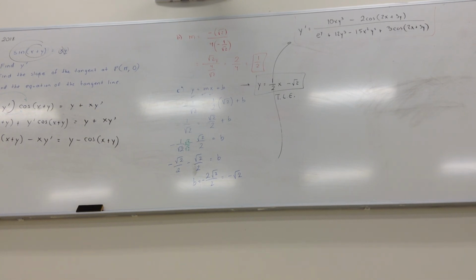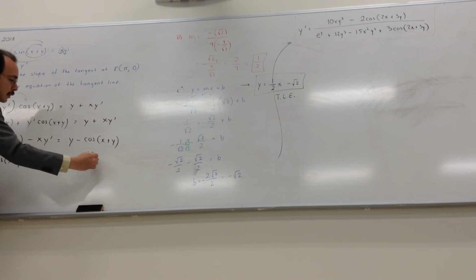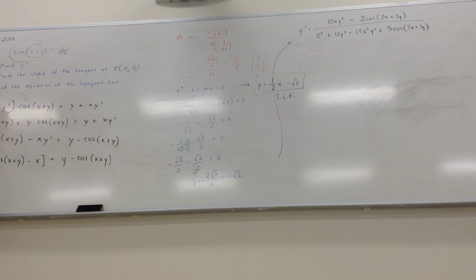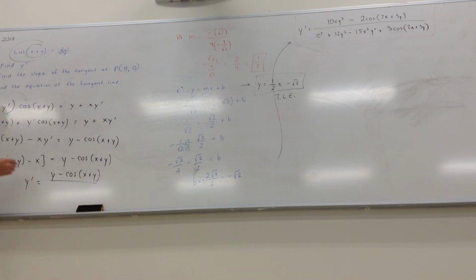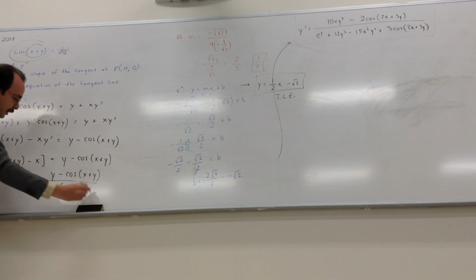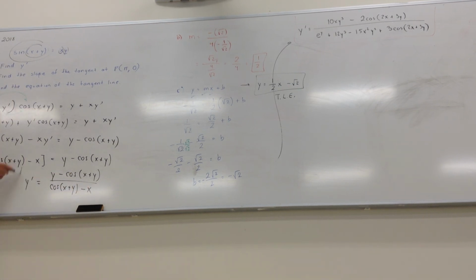Factor y prime: y prime times cosine of x plus y minus x equal to the rest. Pass it dividing, over cosine of x plus y minus x. That's my derivative.